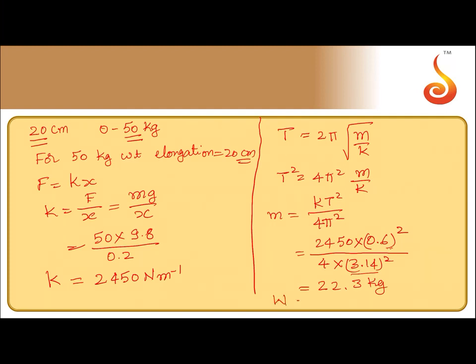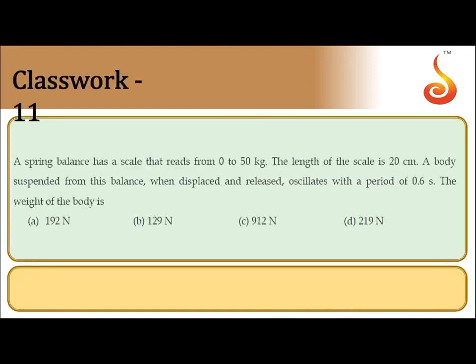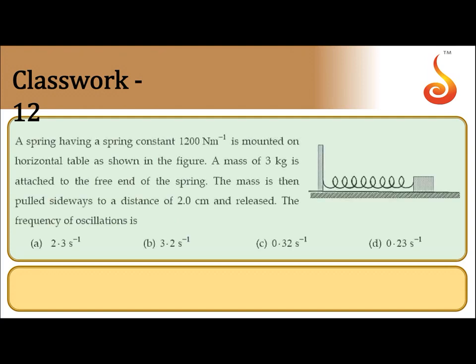So weight should be W, that is equal to mass into 9.8, that turns out to be 219 Newton. So that is option D. Yes, we shall move on to next one.